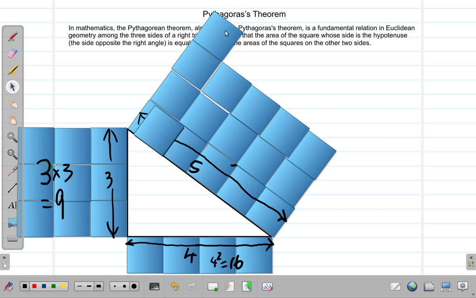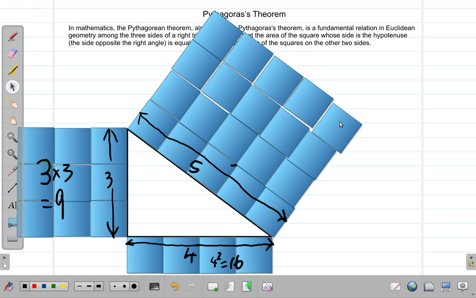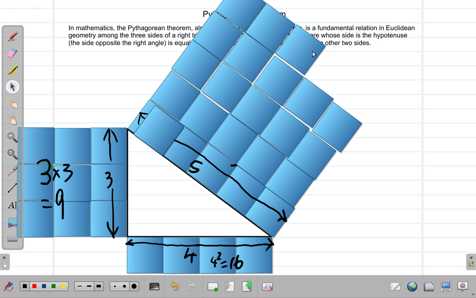And we have 1, 2, 3, 4, 5 squares. How many of this? Okay, we need one more row. One more row of 5. So we have 1, 2, 3, 4, 5.